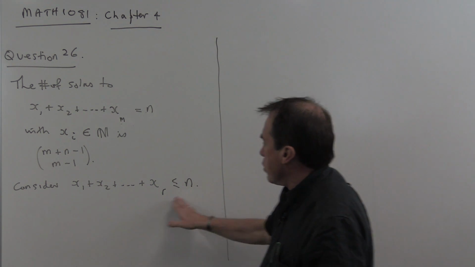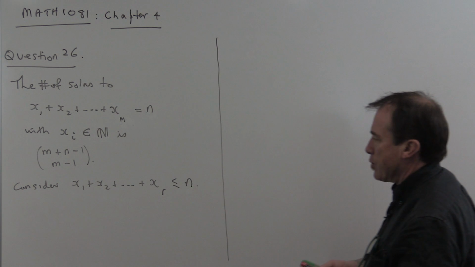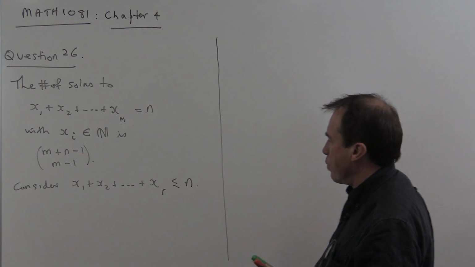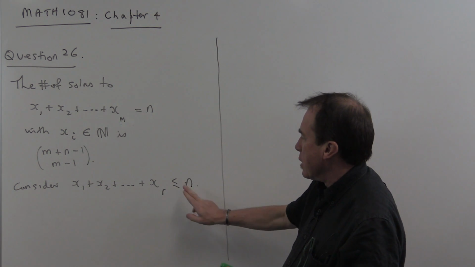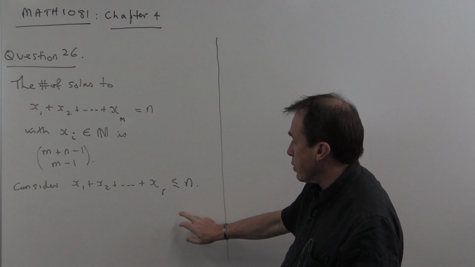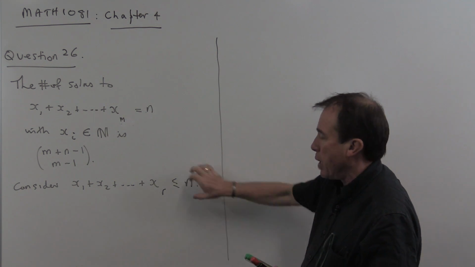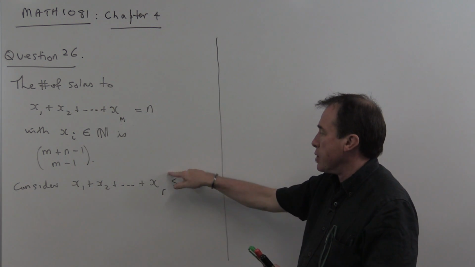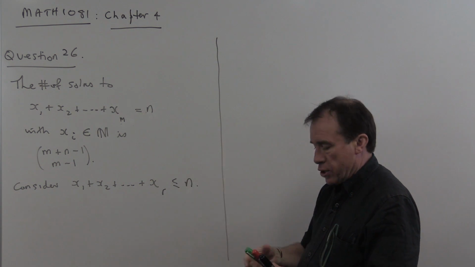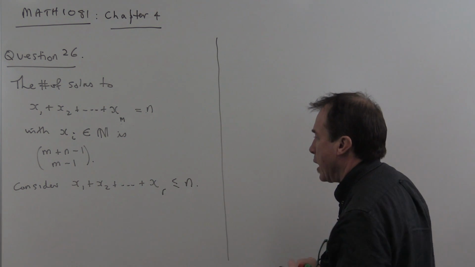So what am I going to do with this? Well, one bare hands way of attacking this is to think of n being 0, 1, 2, 3, all the way up to n. So replace the inequality with an equals sign, and then check all the numbers from 0 up to n.